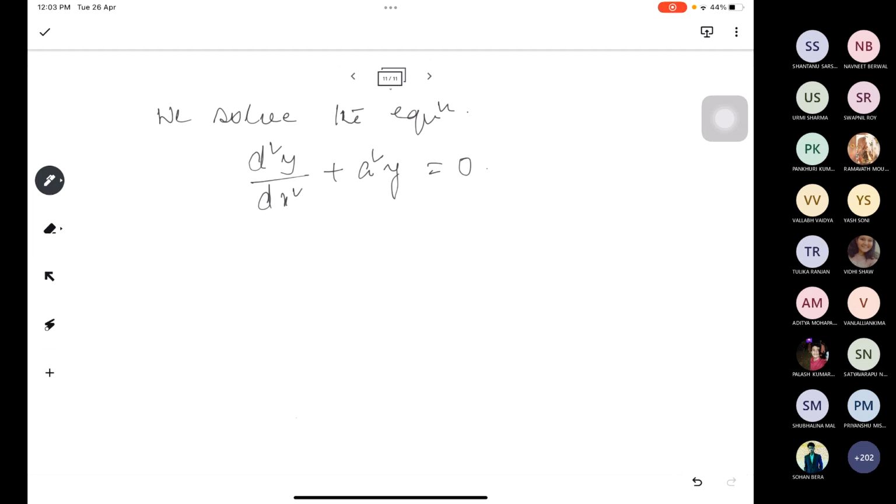All of you know the solution of this. Can you tell me what will be the solution? C1 cos ax plus C2 sin ax, ma'am.